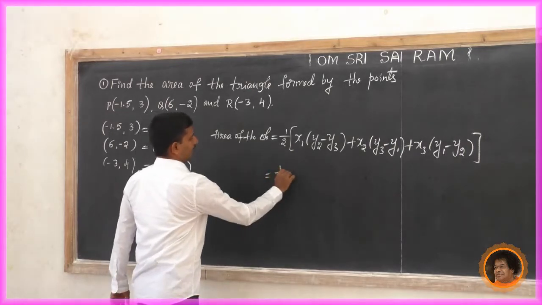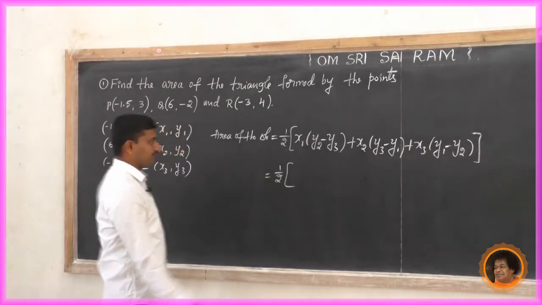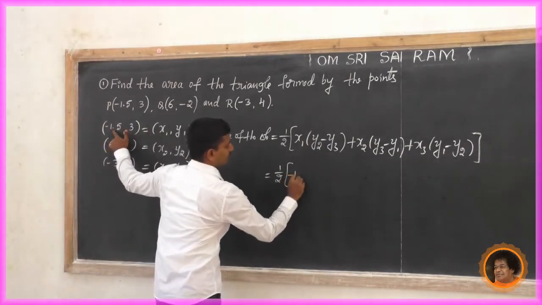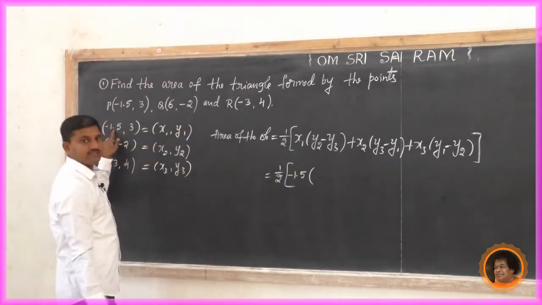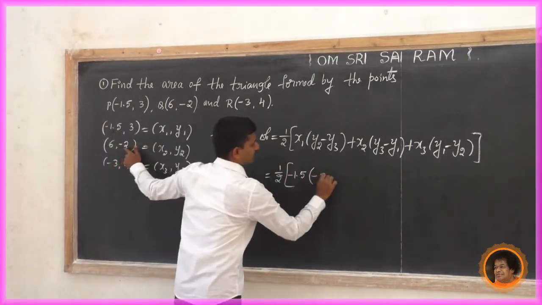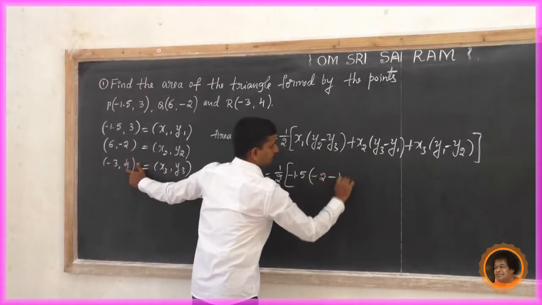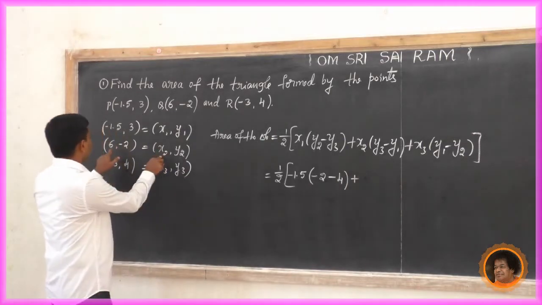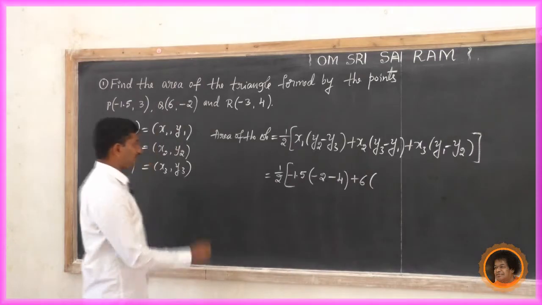Now substitute the values: half into x1 into y2 minus y3. Here the value of x1 is -1.5, into y2 minus y3. The value of y2 is -2, and y3 is 4. Plus x2, whose value is 6, into y3 minus y1.